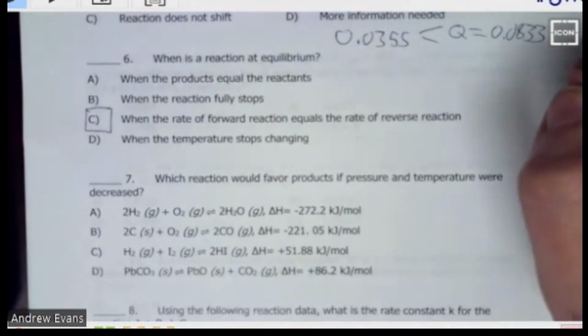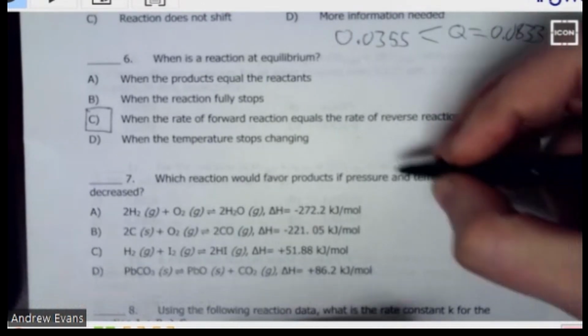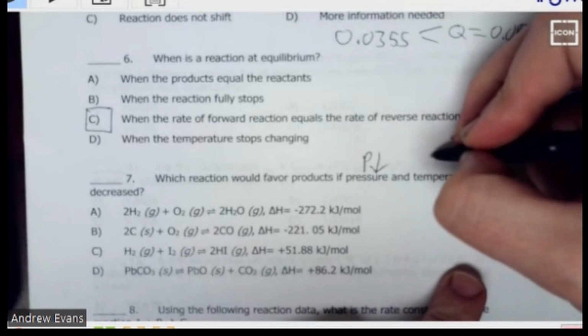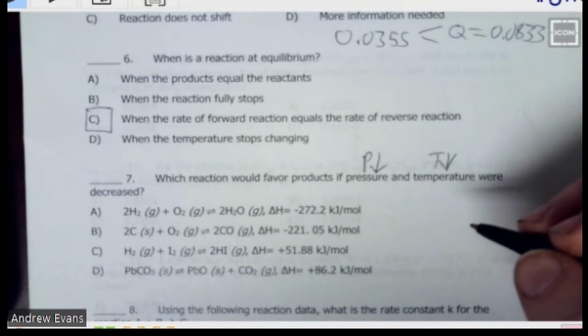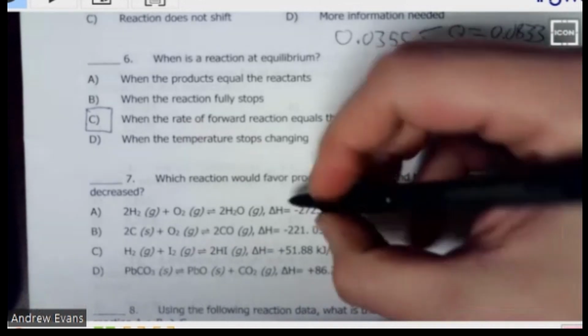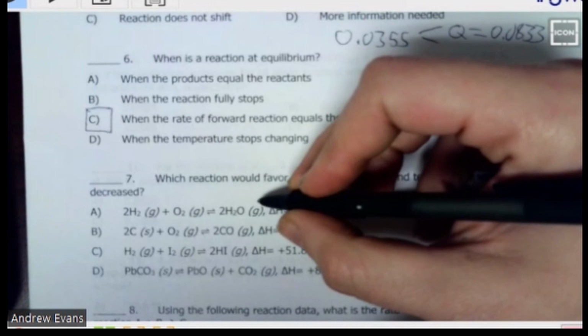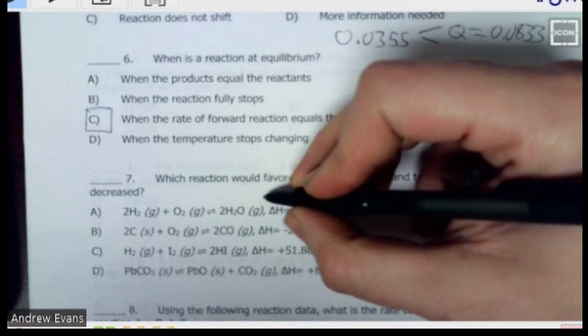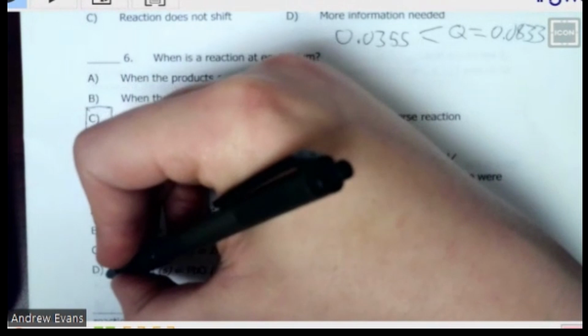So, which reaction would favor products if pressure went down? So pressure goes down and temperature goes down. So when H is negative, heat is a product. So heat on this side, when H is positive, heat is a reactant.